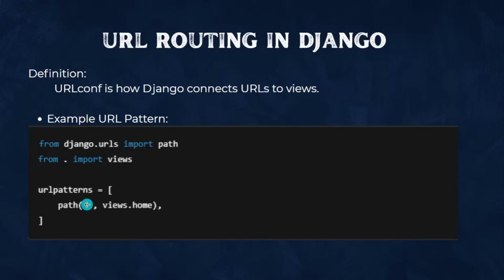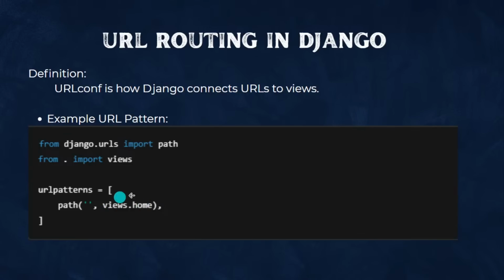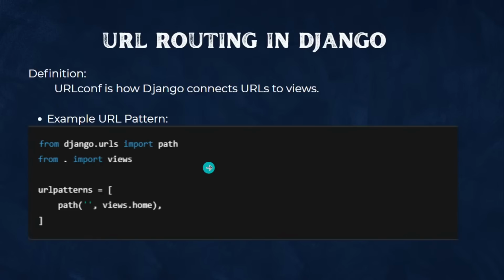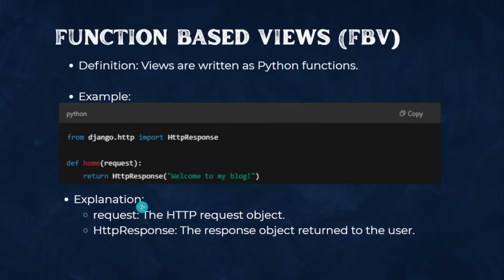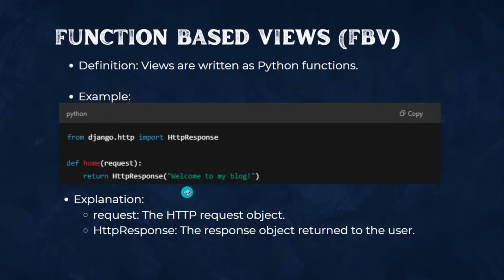And views.home means that in the views file we created a function like this, and we have a home function, right? So we need to mention views.home, and that will load the HttpResponse, and "welcome to blog" will be shown in the front end.